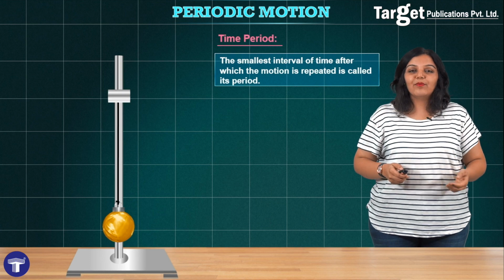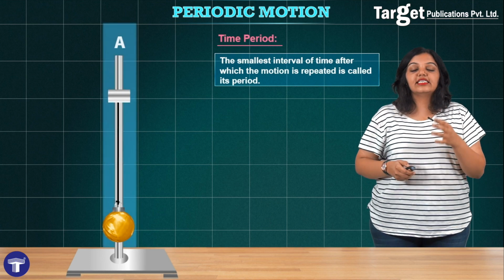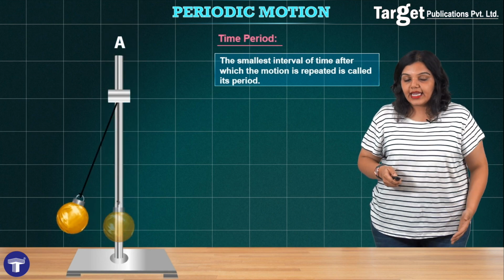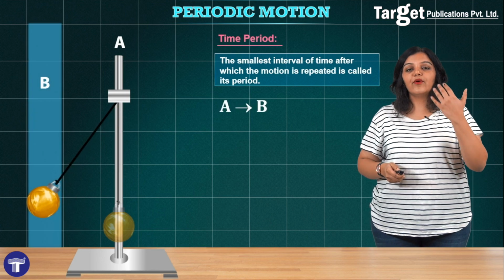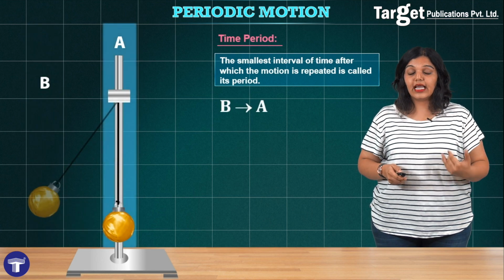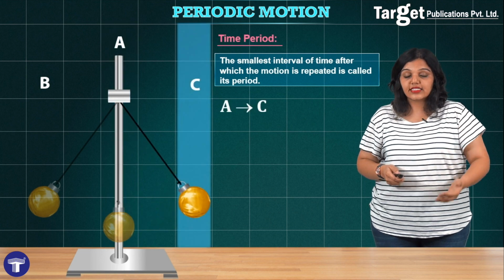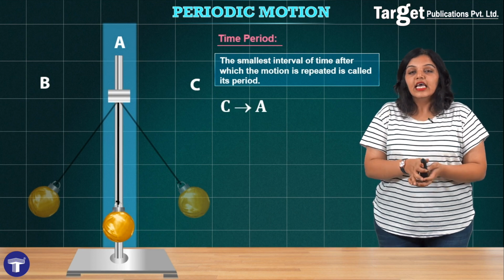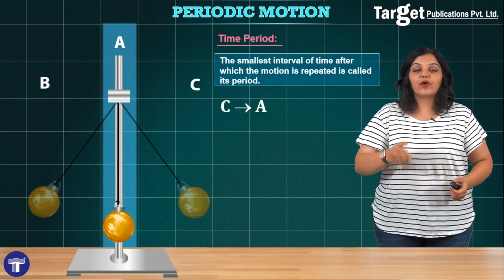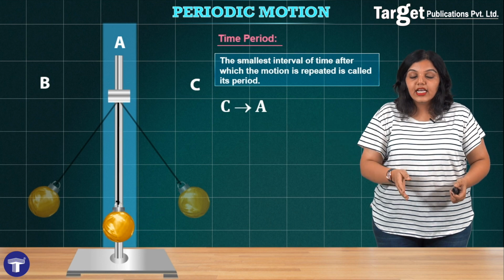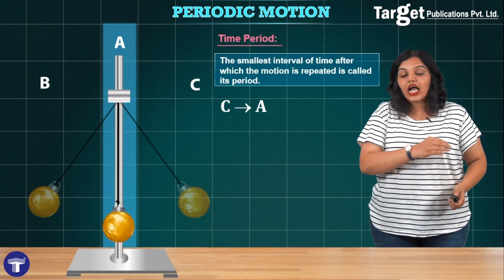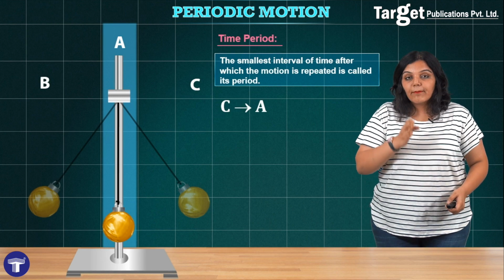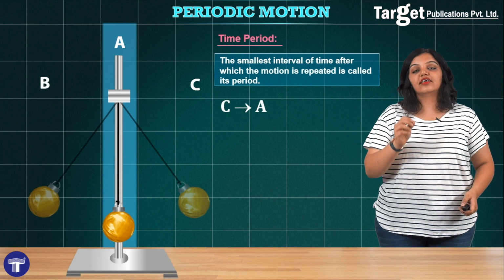If I take a look at this example where I have a pendulum, then this pendulum initially is at rest at the line A. And when this pendulum starts to swing, it will go from A, first it will move to B, and then from B it will come back to A, and from A it will then swing towards C, that is the other side, and now it's going to come back to its initial rest position, that is A. So you see this motion where the pendulum goes from A to B to A to C and back to A, this entire motion together is known as one oscillation, and the time taken to complete this entire motion is the time period.